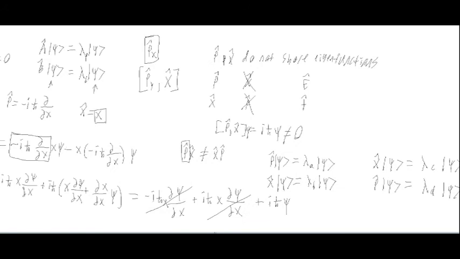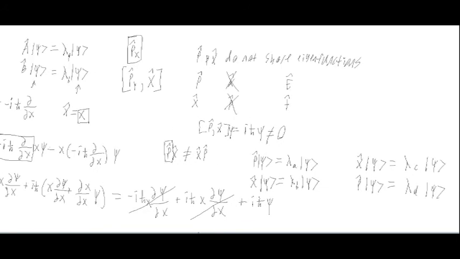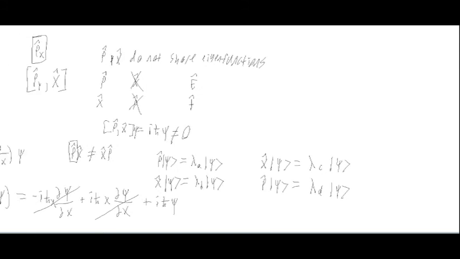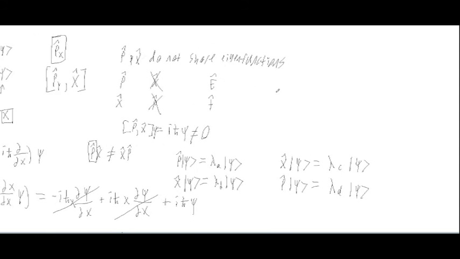We also went over showing how commutating the momentum and position operators brings us to our Heisenberg uncertainty principle here.